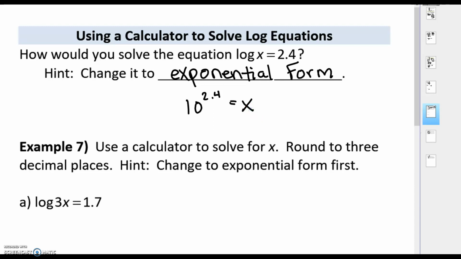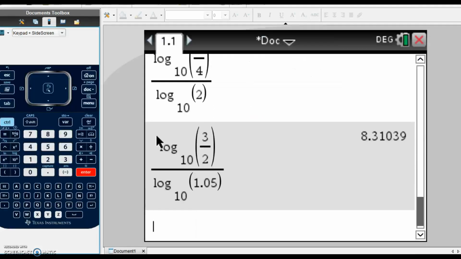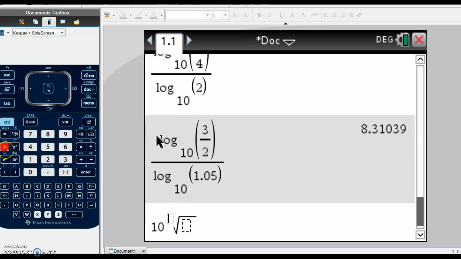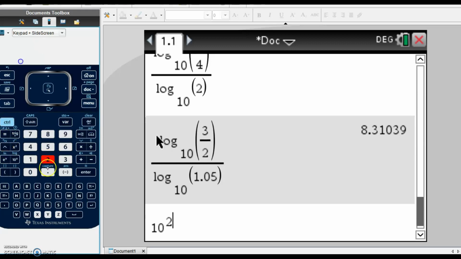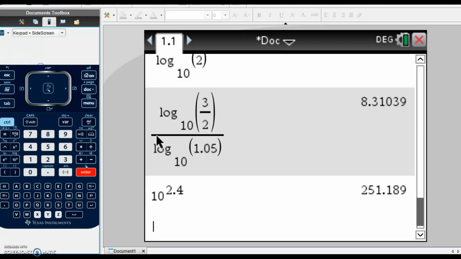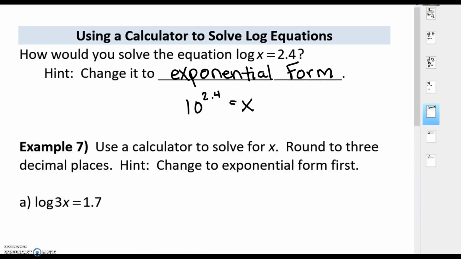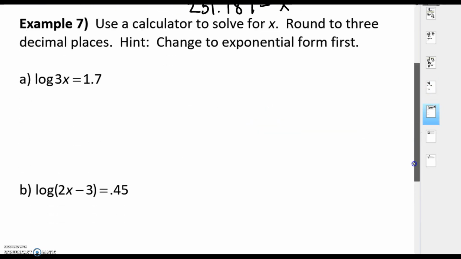And again, we're relying heavily on our calculator for this. We're going to go to our calculator and do 10 to the 2.4, which gets us 251.189. So I get 251.189 is equal to x. So let's do some examples.